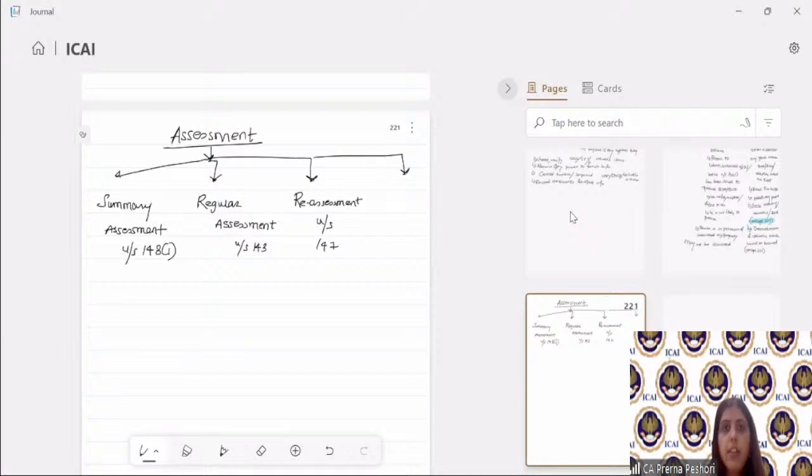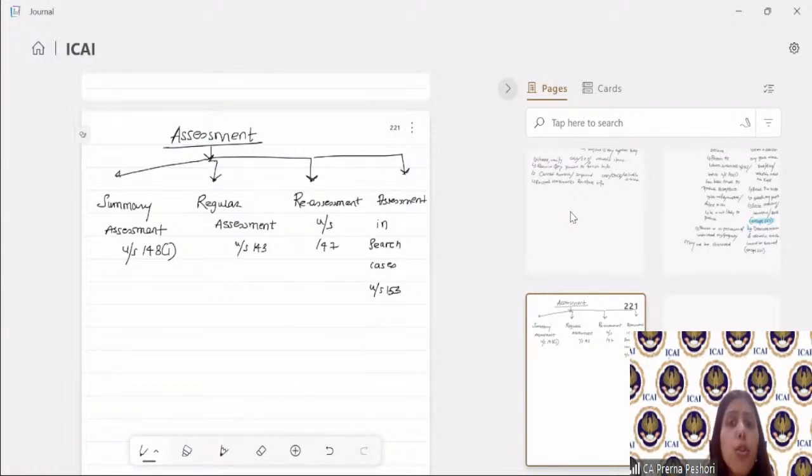And finally, we will have assessment in search cases under section 153A. So first is the summary assessment under 143(1).